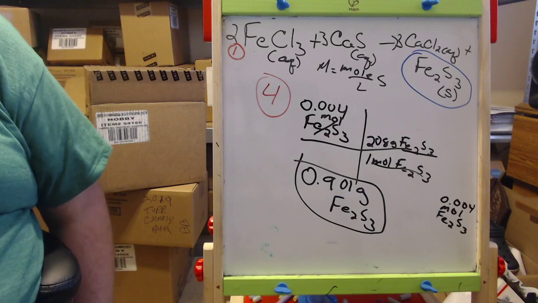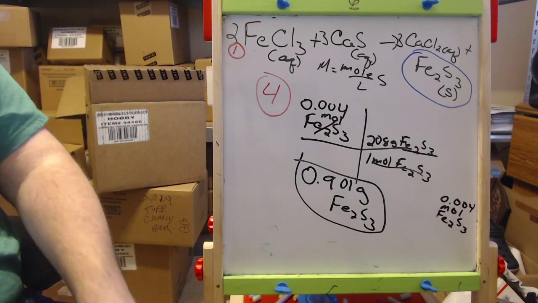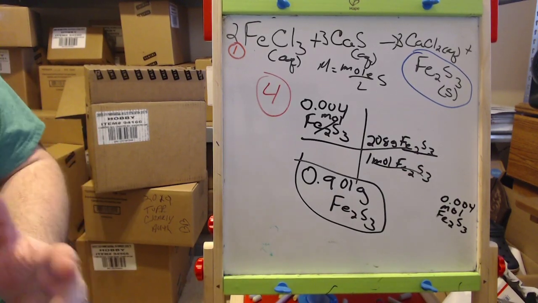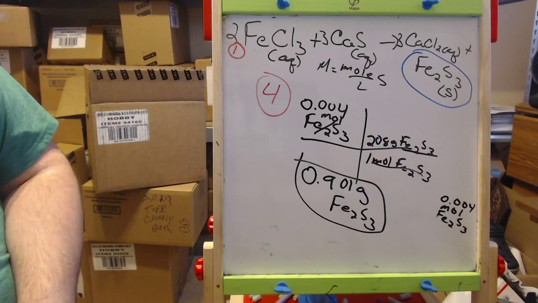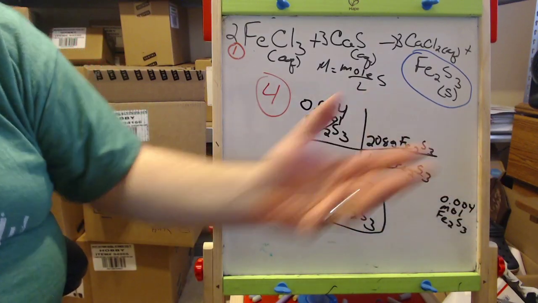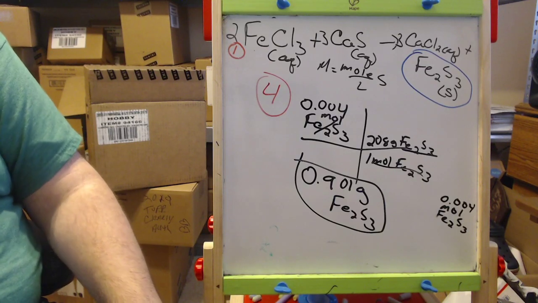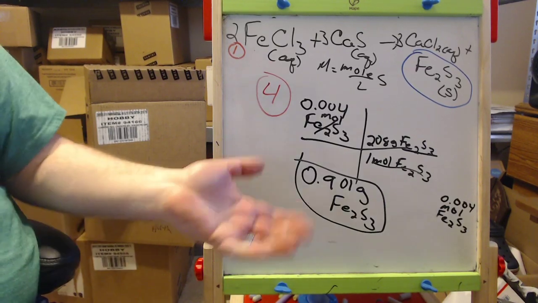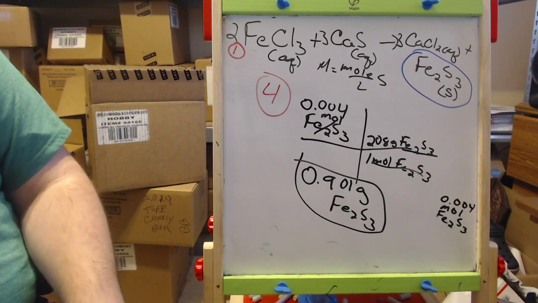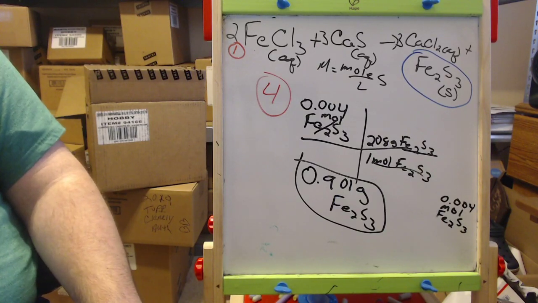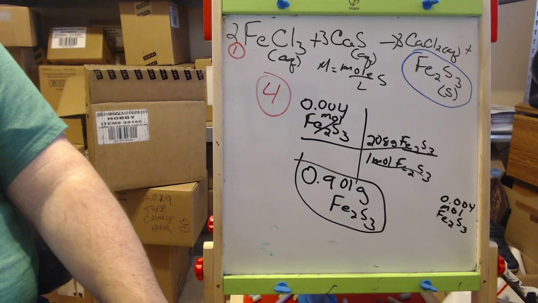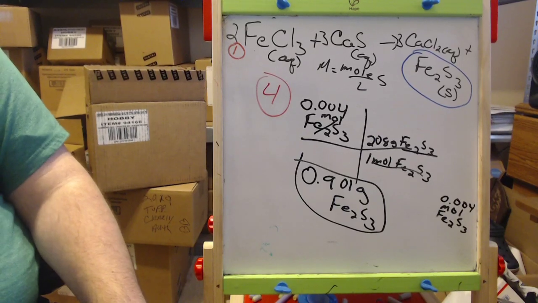Yep, so if you did the same thing, but your rounding was a little bit different, so that one of them ended up being a little bit off, I basically rounded where I rounded, but yeah, you're in the right place. If you had an answer like, let's say, 5 grams, or an answer like 0.001, then I'd be a little concerned. So yeah, just our rounding is a little different, and that's okay.